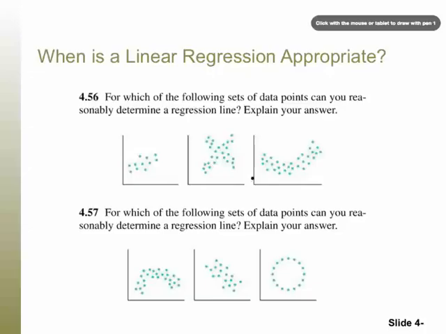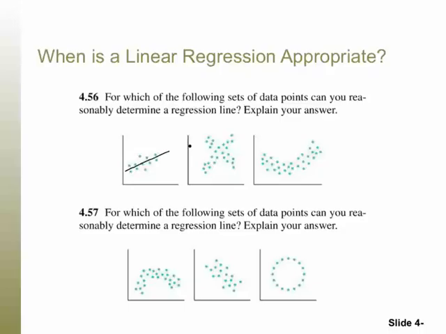Those are totally different, right? And then what about this one? What does the trend seem to be like? Like a curve, right? So some kind of curve. But this one looks like it would be appropriate. Let's see if I can do it right through the middle.